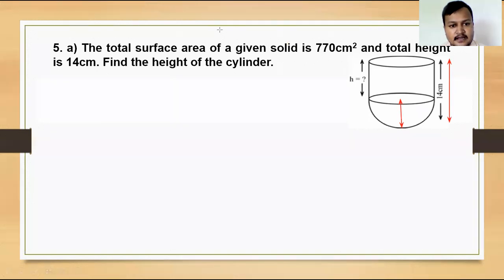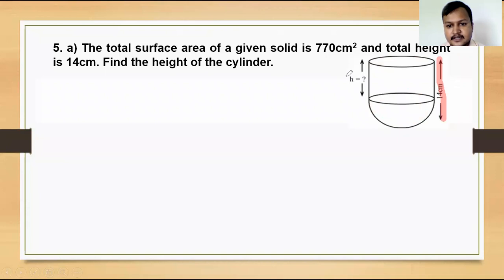Total surface area of this type of solid is equal to the sum of the area of this circle plus curved surface area of the cylinder plus curved surface area of the hemisphere. By adding these all, we will get the total surface area. And given things here to us are only the total height, nothing more than that.